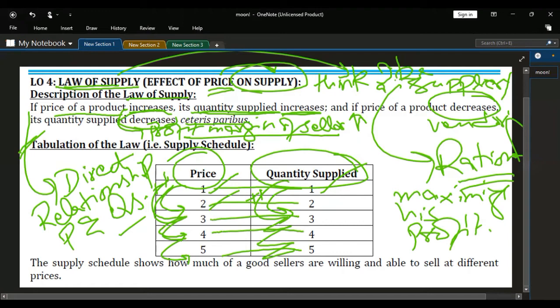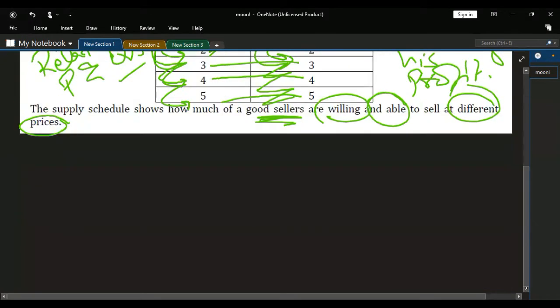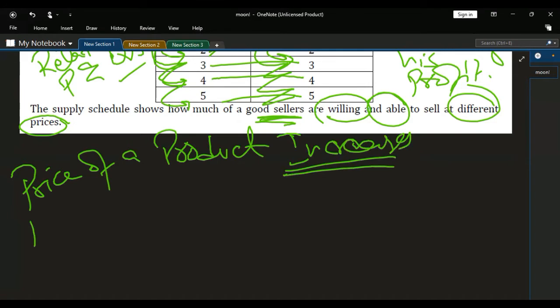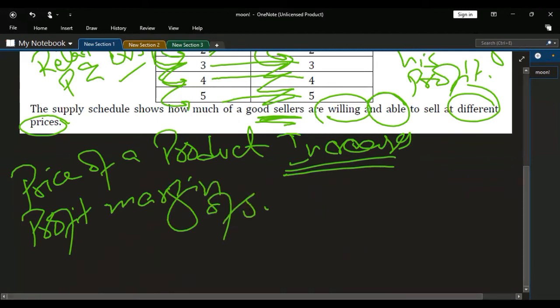The supply curve shows how much of a good sellers are willing and able to sell their product at different price levels. So, what we have studied, when the price of a product increases, the profit margin of the seller also increases.